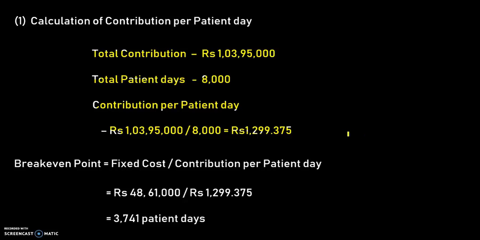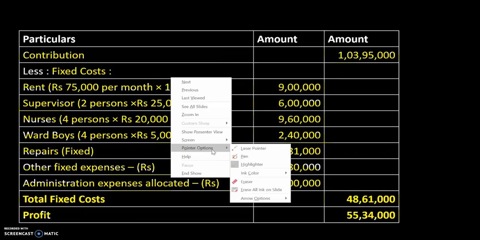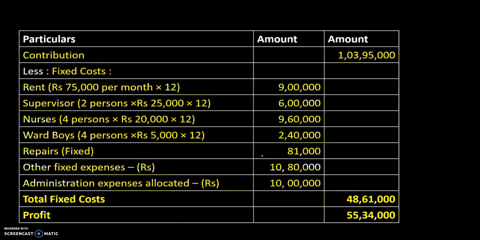But the question also wants you to find out what is the profit per patient day. What is the profit? 55 lakh 34,000, right? If you divide that by 8,000, what you get is 691.75. Let me capture that. It is 691.75.